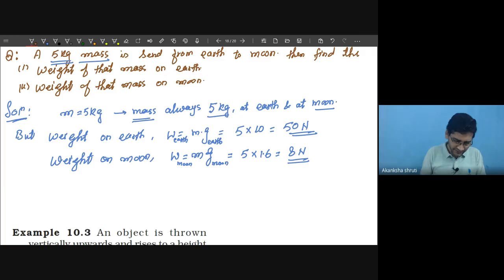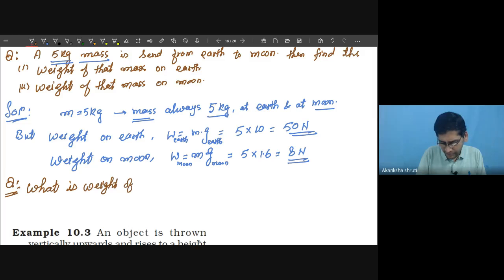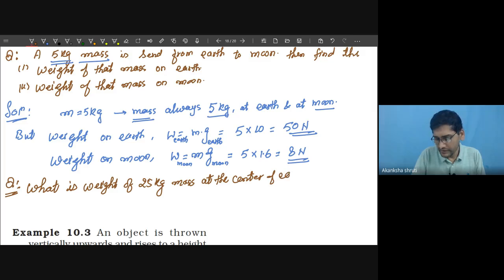Another question may be asked: what is the weight of a 10 kg, or say 25 kg, mass at the center of earth? Means if the 25 kg mass is sent to the center of earth, what will be its weight, student?